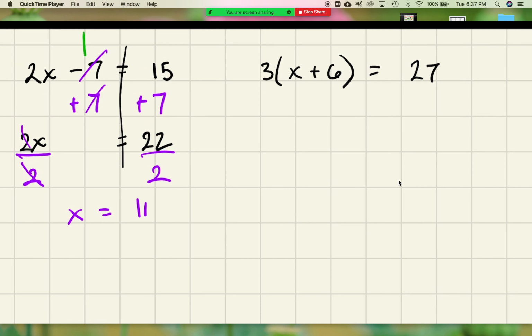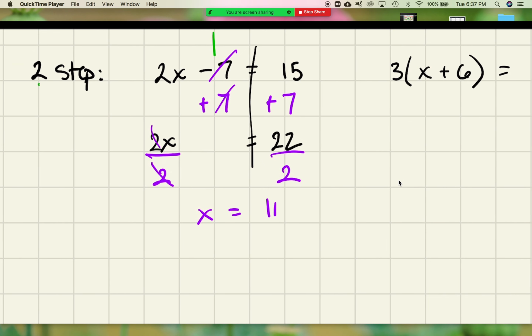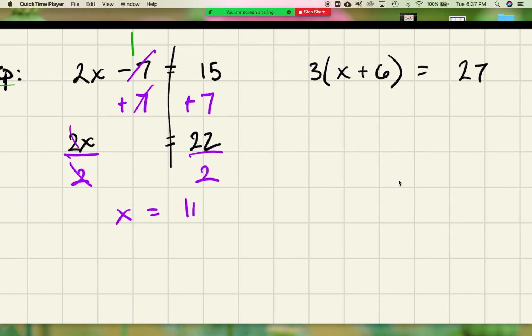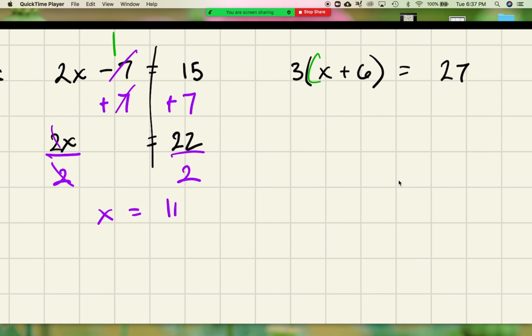But when we're solving more than one step, we're doing the thing that's farther away. So the parentheses make the 6 closest. Farther away would be the 3, so you'd have to divide by 3 because it's 3 times whatever's in these parentheses. The opposite of times would be divide. So we would divide the 3 off, and you have to do it to both sides. And then you've got x plus 3.